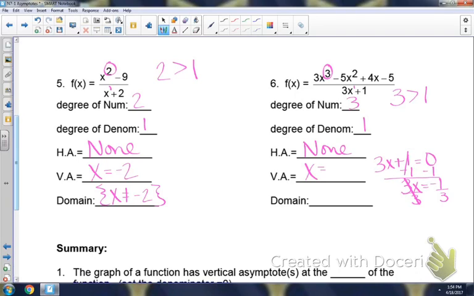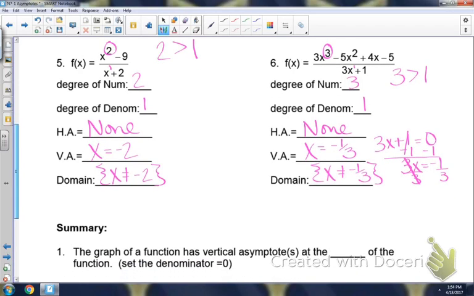So x would equal negative 1/3. Domain, x cannot equal negative 1/3. So sometimes you can have a fraction.